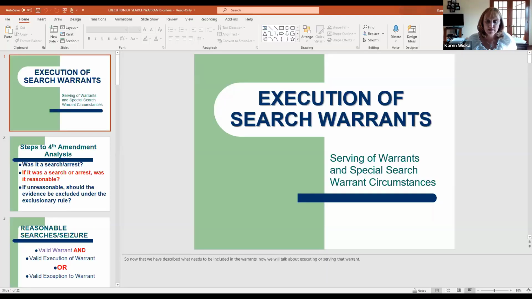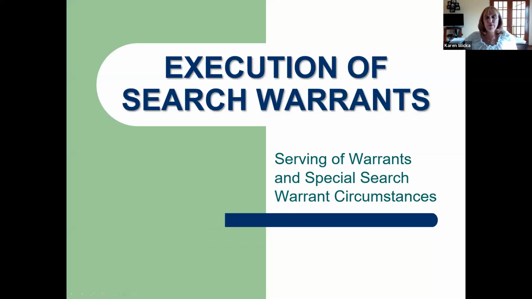Okay, so like I said, we last talked about warrants and we went step by step through the Fourth Amendment and what was required by the Fourth Amendment for warrants. So today we're going to talk about executing those warrants, which basically means serving the warrant and conducting the search and gathering the evidence.